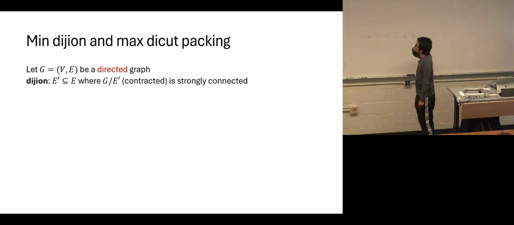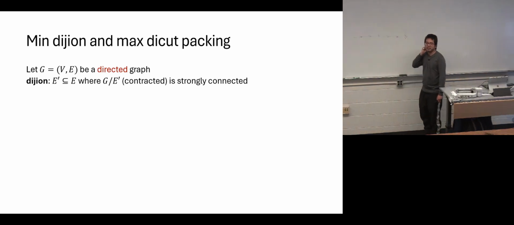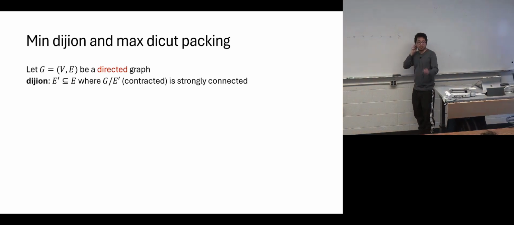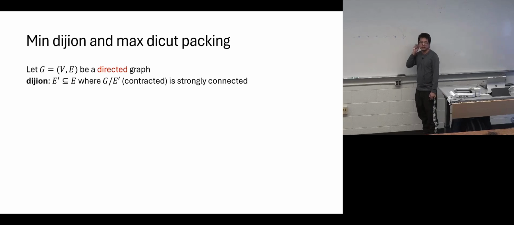How many edges do you need to contract to make it strongly connected here? Six. You can do better. Can you just contract the big edge?